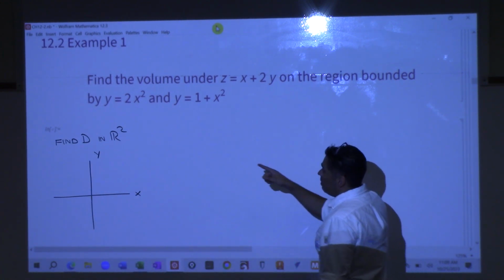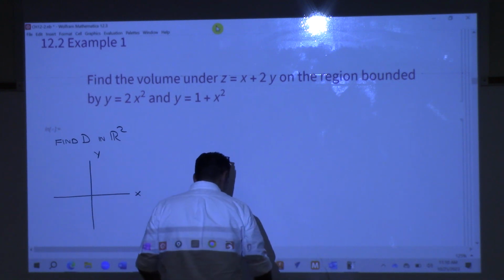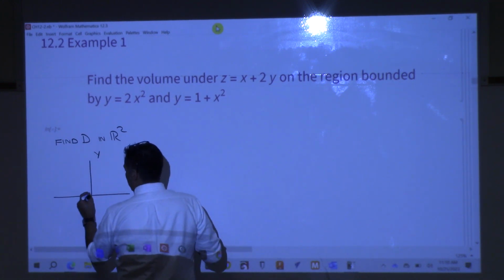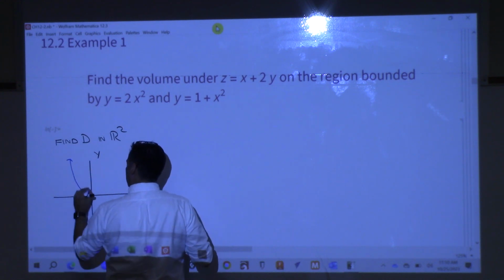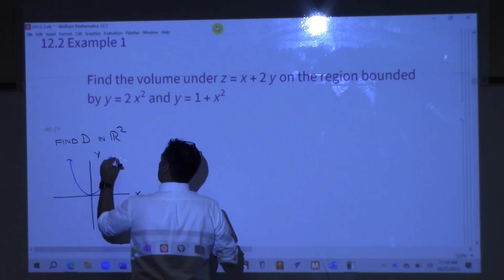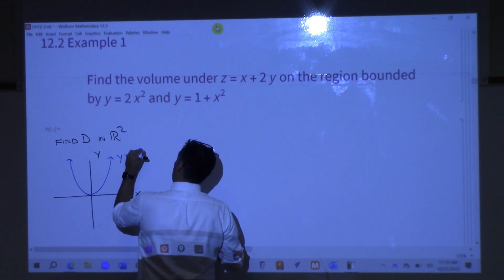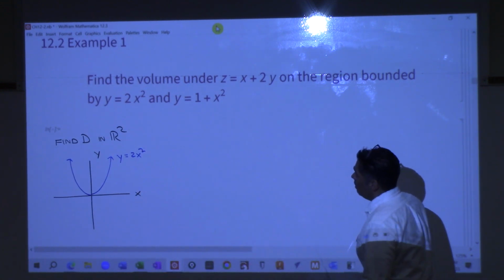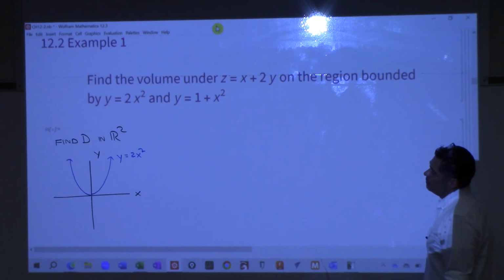So 2x squared, we all hopefully are comfortable with the idea that that's a parabola, right? Opens up. And then we have the other one, which is also a parabola, right? It opens up, but it's moved up 1.